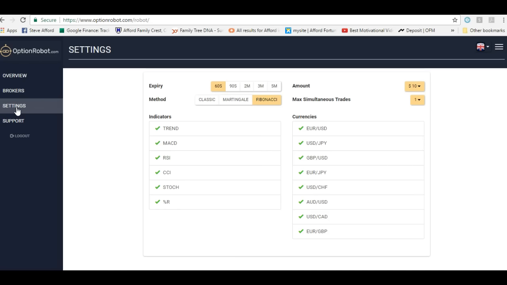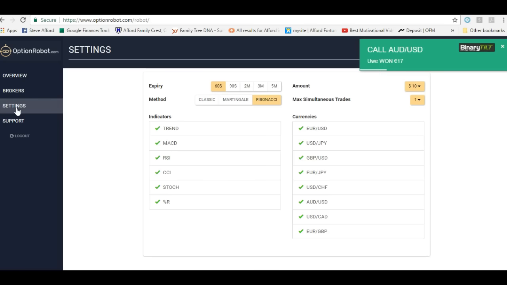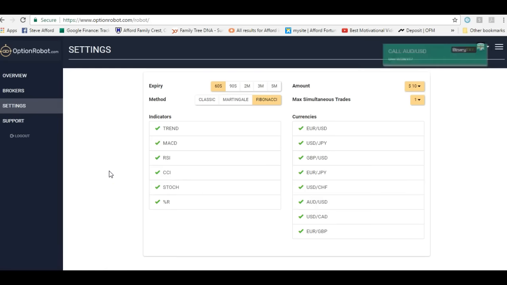Signals can be interrupted by some means, one way or the other. And wherever you are making a trade, it's imperative that you set the robot's settings up suitably for where you are living, in accordance with Option Robot and the broker.